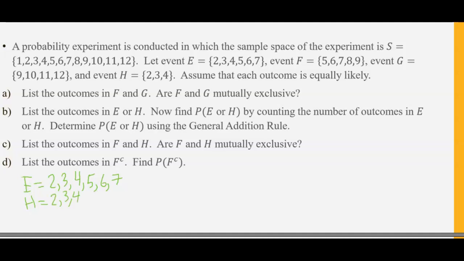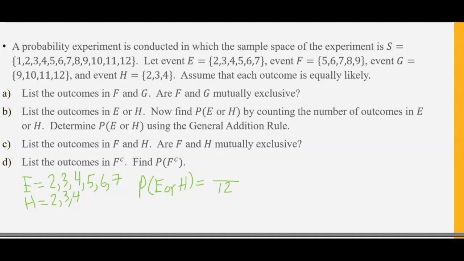So we list the outcomes in E or H. Those are the outcomes. Find the probability of E or H by counting the outcomes. So here, we simply count. That's going to be the favored over the total. The total we know is 1 through 12, so there are 12 things total.